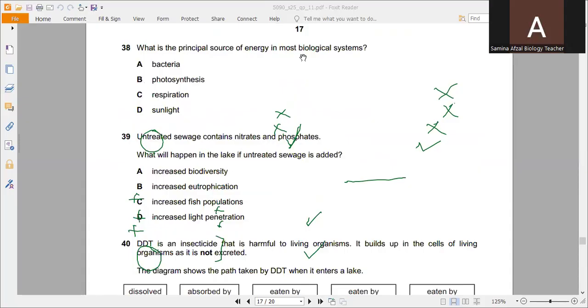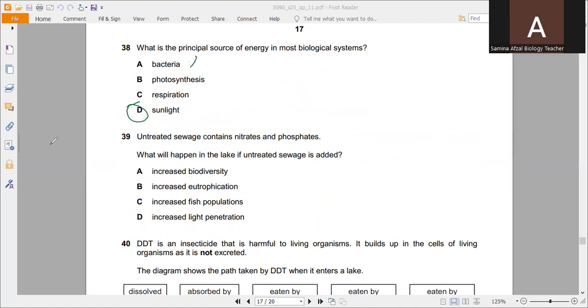Next is question number 38. What is the principal source of energy in most biological systems? There will only be one answer for this question, that is anything which is outside the ecosystem, the sunlight. So D is the correct option. Bacteria, photosynthesis, respiration are not the source of energy.